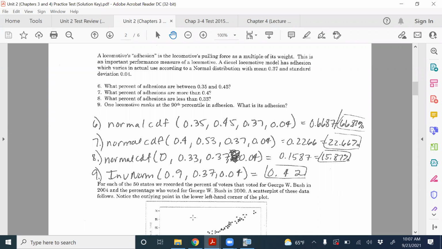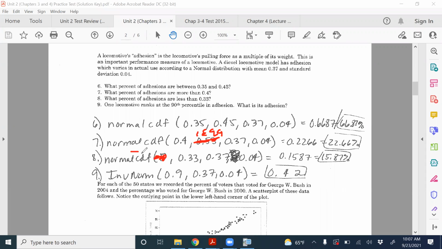Number 7 is what adhesions are more than 0.4. I'm not sure why they put 0.53. That seems weird. I would just change that to 1E99. And then here, you want to be less than 0.333.